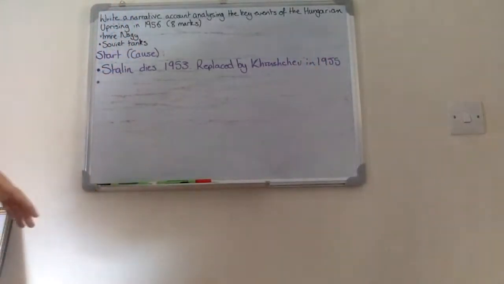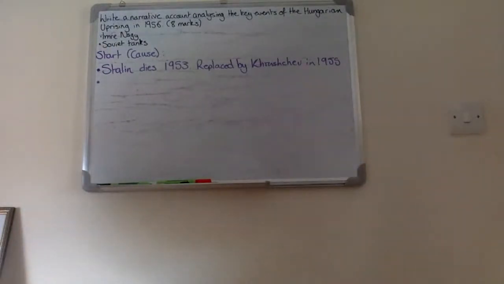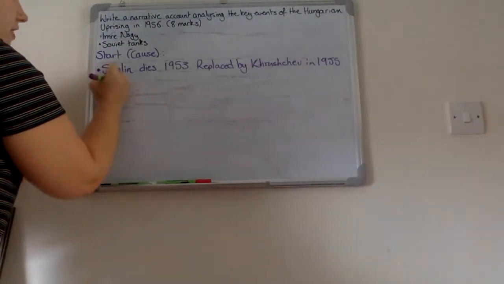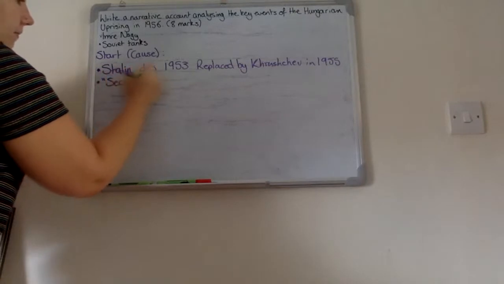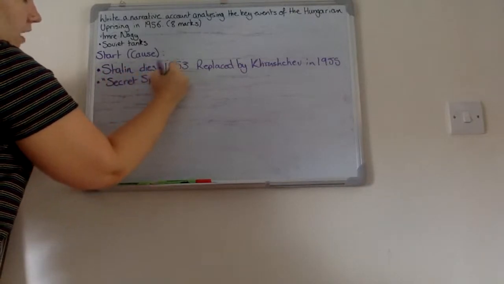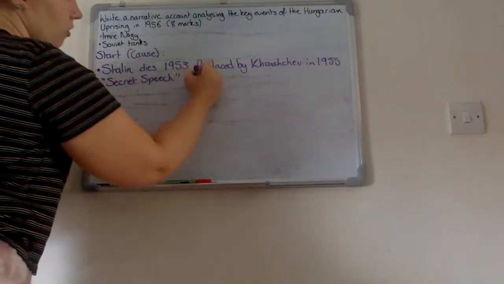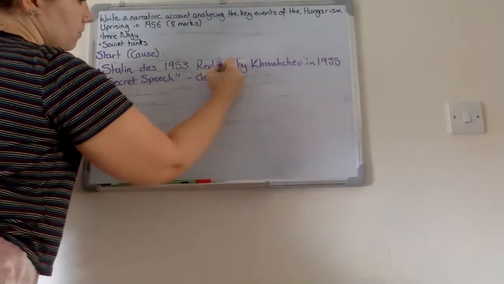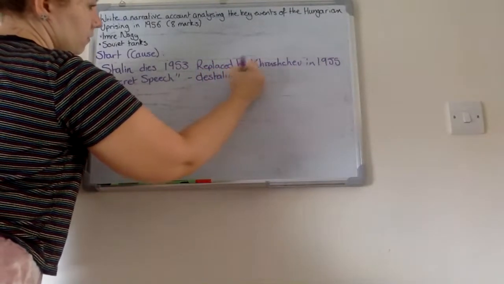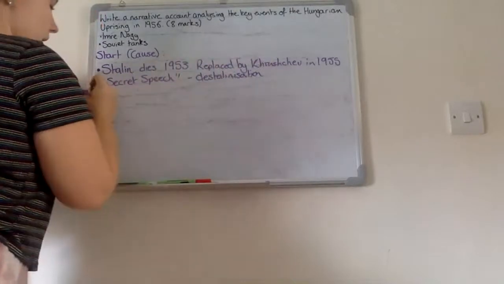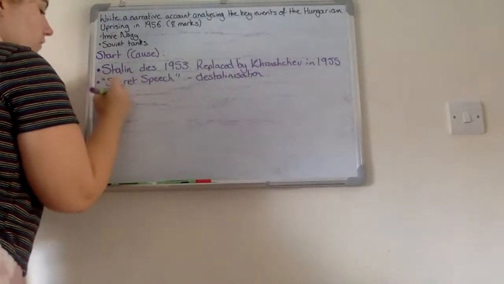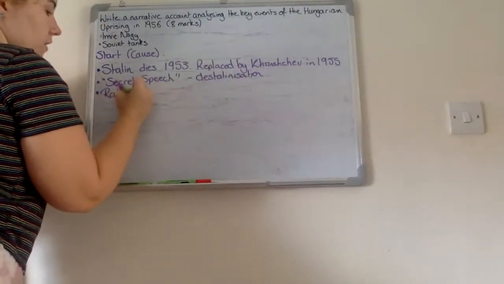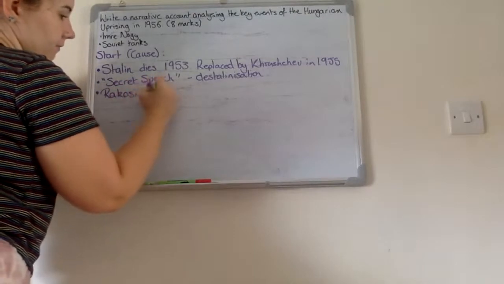Our next thing then that we know is that Khrushchev gives this secret speech, doesn't he? And in that speech, it talks about de-Stalinization. Meanwhile, in Hungary, we've got Rákosi, who is unpopular.